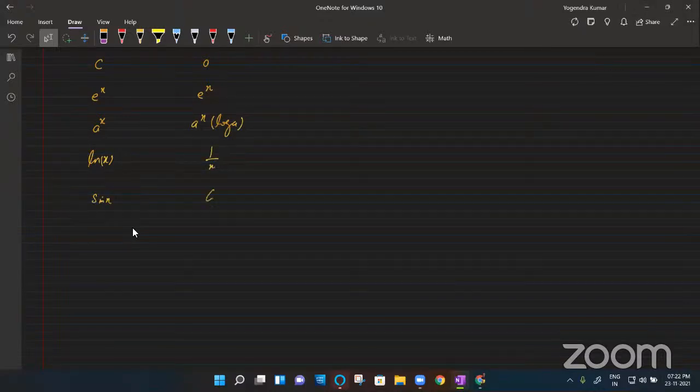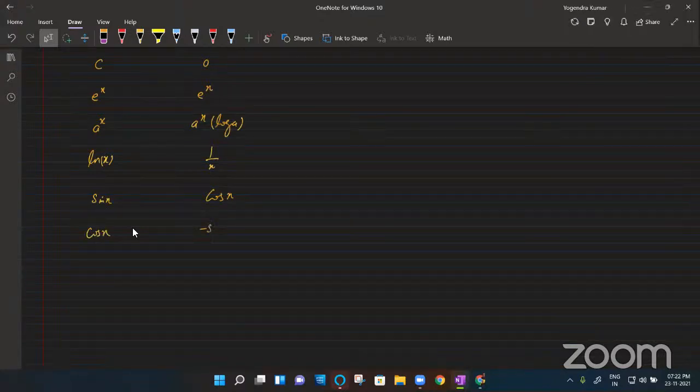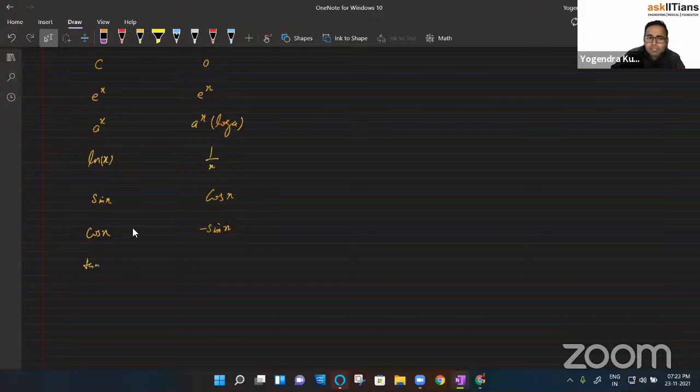Sine of x, cos x. Cos of x, minus sin x. Revise it, guys, with me, okay? Because it's revision, that's why I'm doing it. I know most of you know this already, but just to revise. Then cot x, minus cosec squared x. Any trigonometric ratio starting with c will have a minus sign.